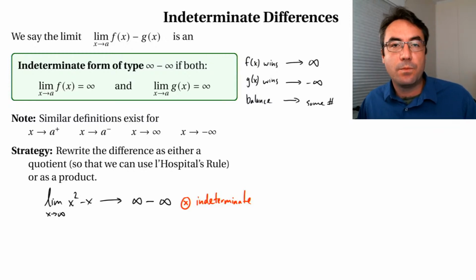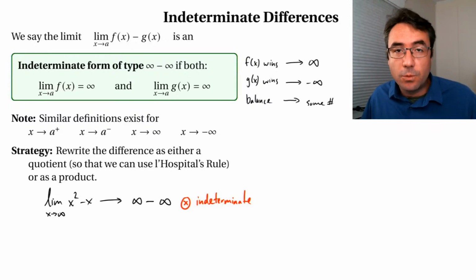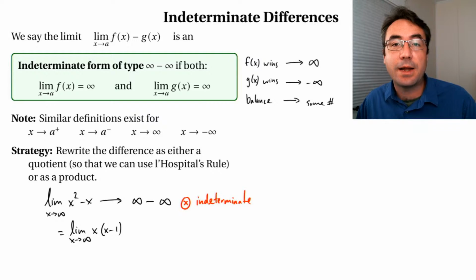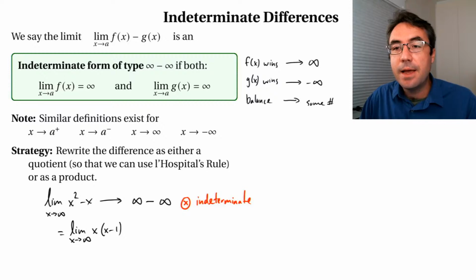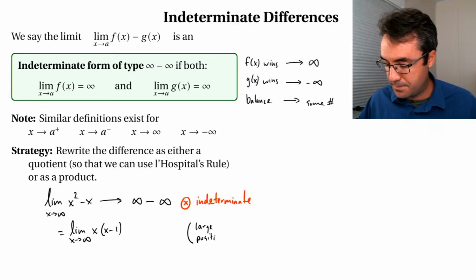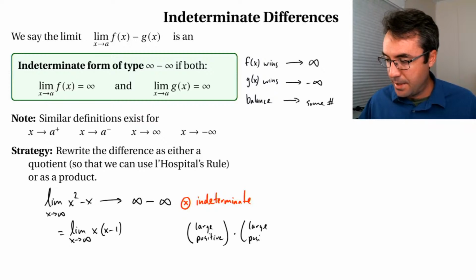What we did before still works here: we try to factor and rewrite it as a product. So x times x minus 1. With that, we have a large positive number times another large positive number, and so the result is large positive.